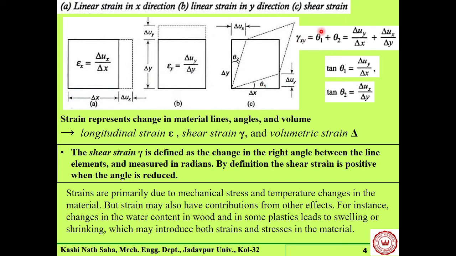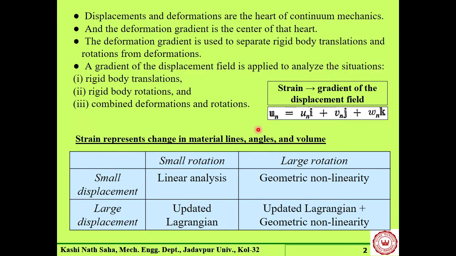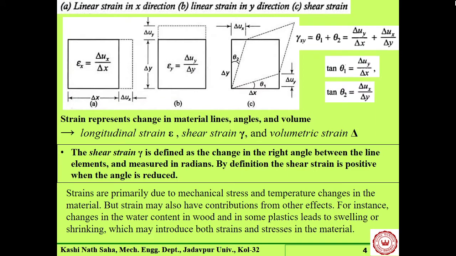That approximation is made here, and that is why we have classified the problem previously as small rotation and large rotation. For large rotation associated with large displacement, this assumption will not remain. In that case, we cannot use such a relation.